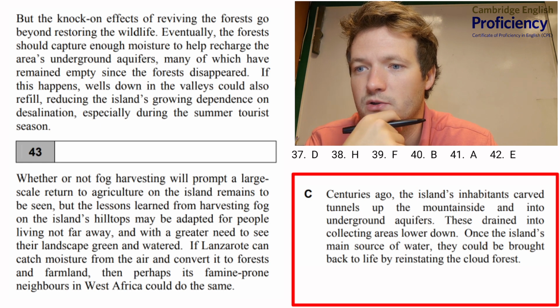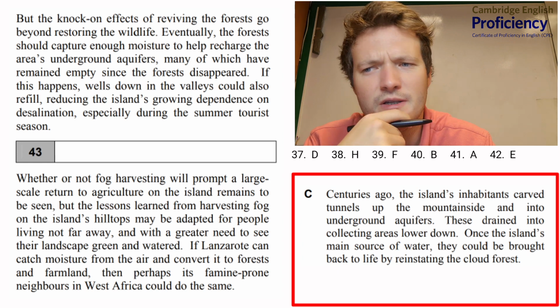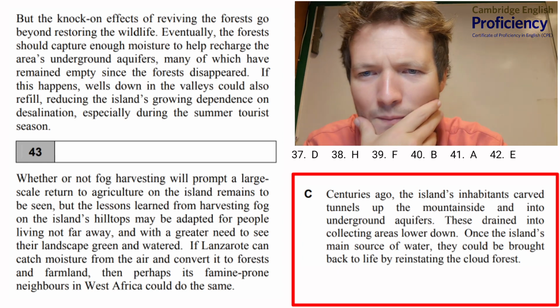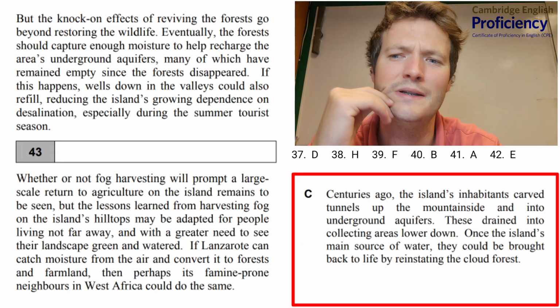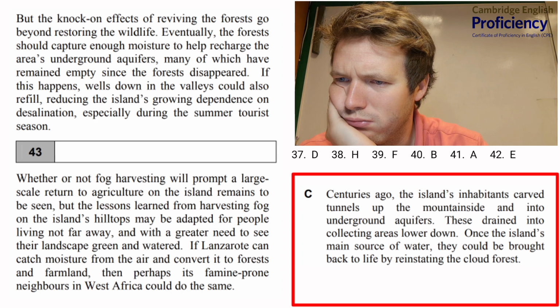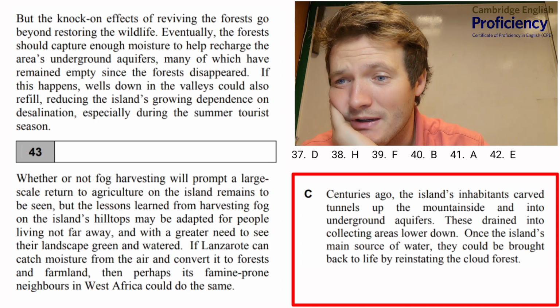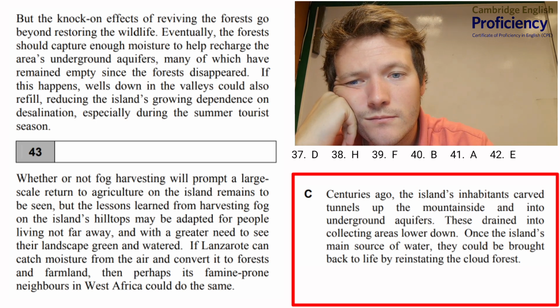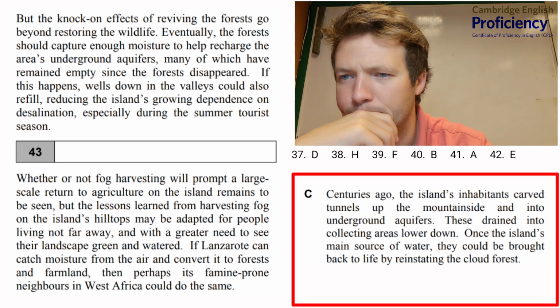Once the island's main source of water, they could be brought back to life by reinstating the cloud forest. Oh, I don't know about that. Possibly. I mean, they are talking about wells and aquifers, I guess. But it kind of sounds like it's repeating itself now. They should capture enough moisture.